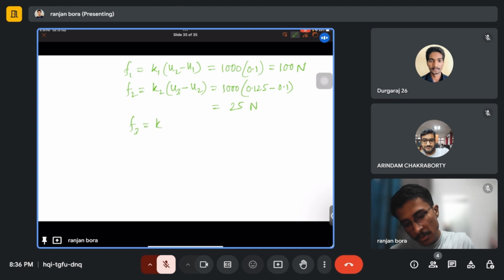The force in the third spring is K3, which is 3000, into 0.025, so it will be 75.